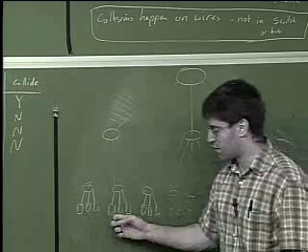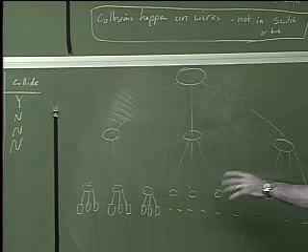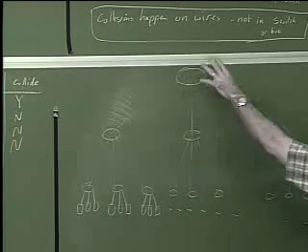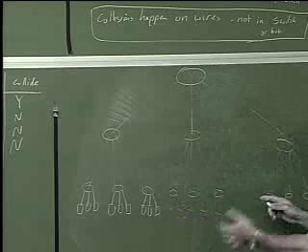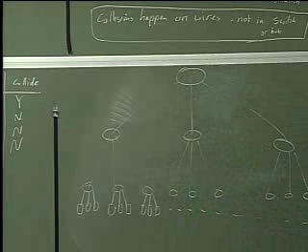So these are the devices, and they're connected to hubs or switches, which are connected to hubs or switches, which are connected to some root hub or switch. So there's a path between any pair of devices.